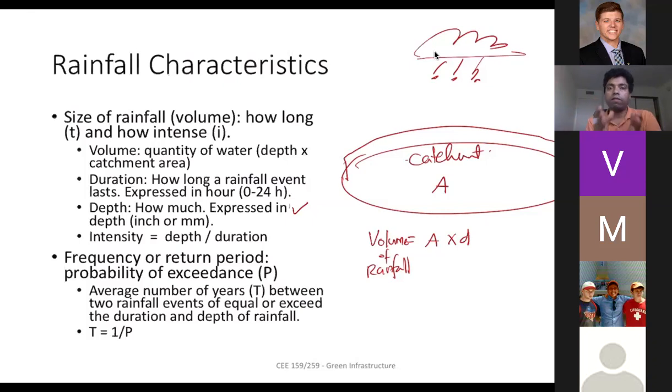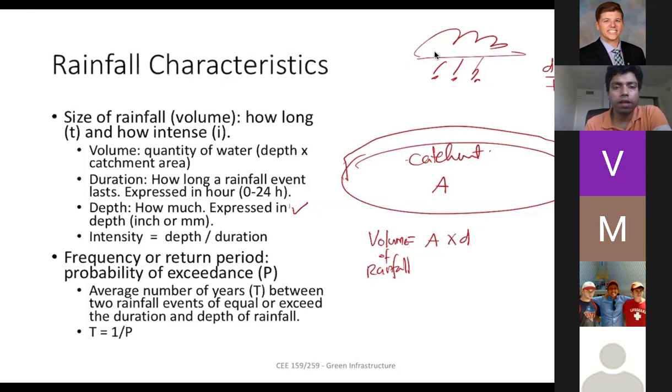So rainfall intensity means the amount of rainfall received per unit time. So depth versus time is rainfall intensity, and that rainfall intensity could vary with time.